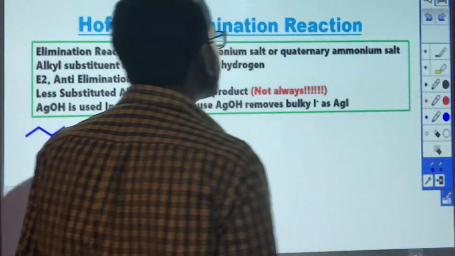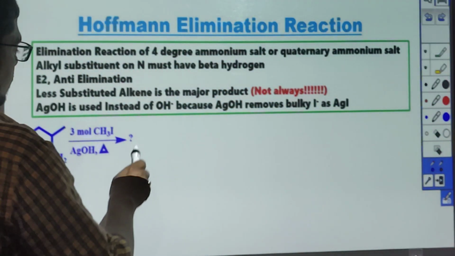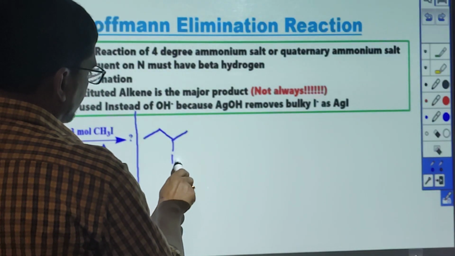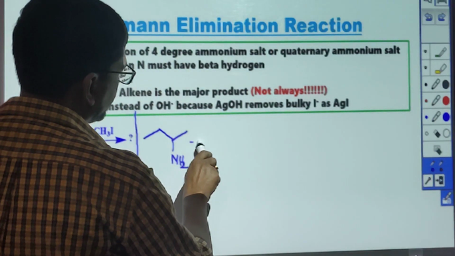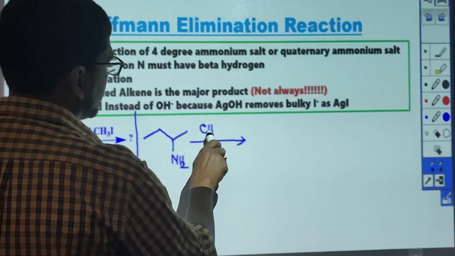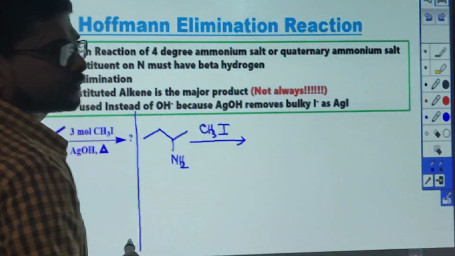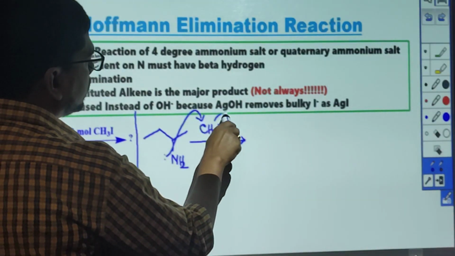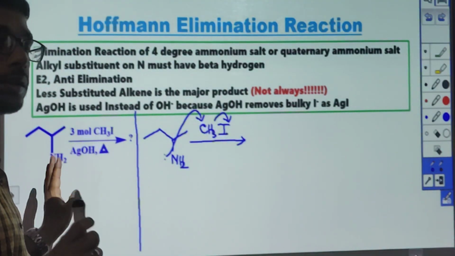In the first step, let me write this substrate, NH2, with CH3I. The nitrogen lone pair attacks and iodide will leave.